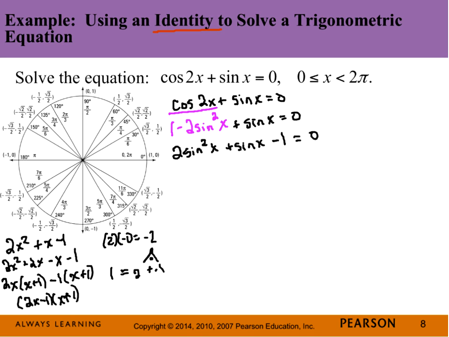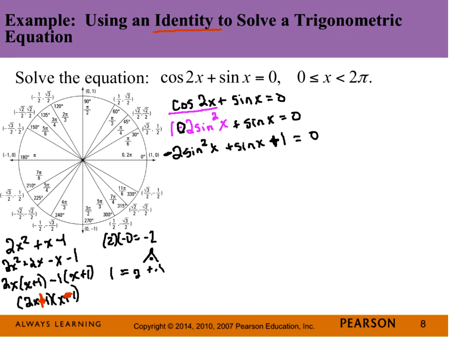All right, so I can input the sine of x in there, and oh my goodness, I've made another mistake. I flip-flopped my signs. Okay. So notice this is the negative 2 sine squared of x, so this should be negative, and this should be positive. The only thing that this does in our factoring over here is it changes the signs on the inside. So I have 2x plus 1 and x minus 1.